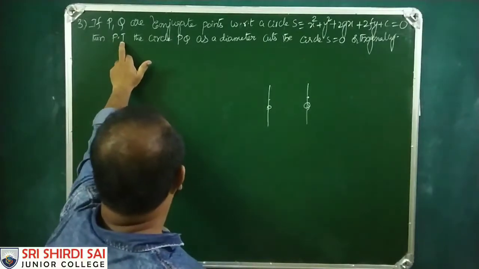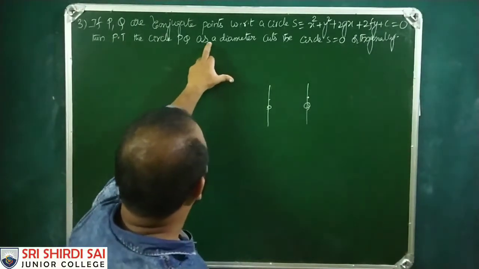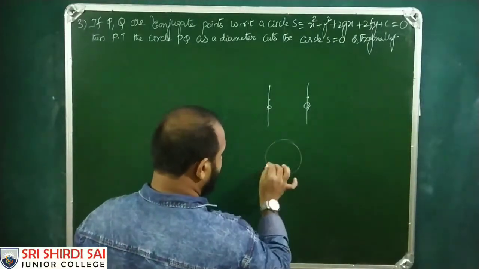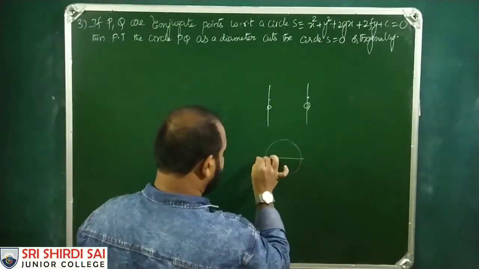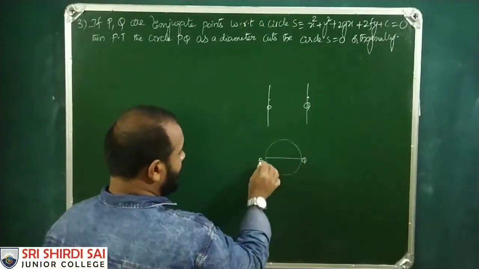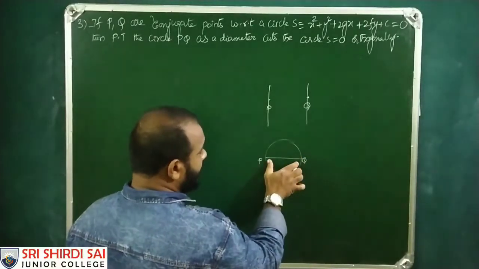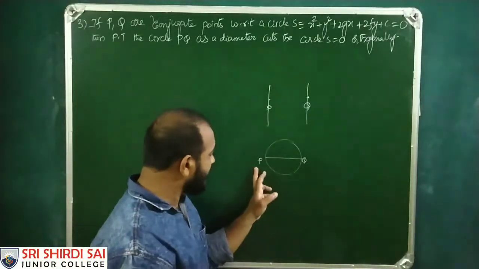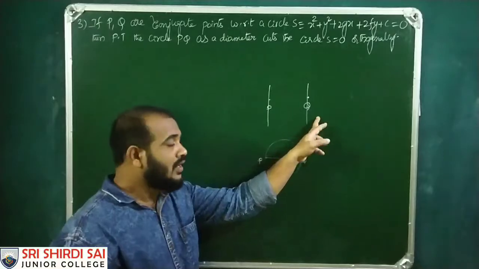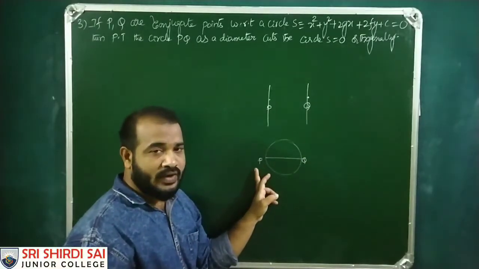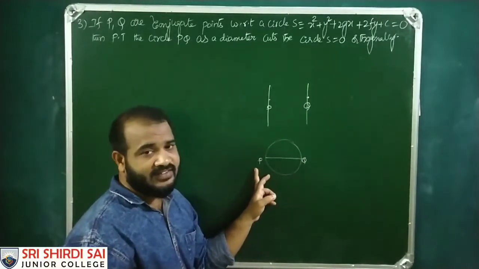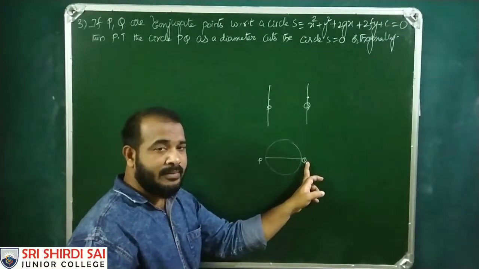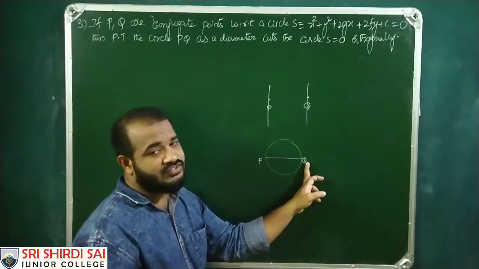Another part is to prove that the circle with PQ as the diameter cuts the circle. So this is the circle with P comma Q as the diameter. So what is the equation of the circle? When we have P comma Q, for example x1 y1 and x2 y2, if we take them as P and Q, then x minus x1 into x minus x2 plus y minus y1 into y minus y2 equals 0.